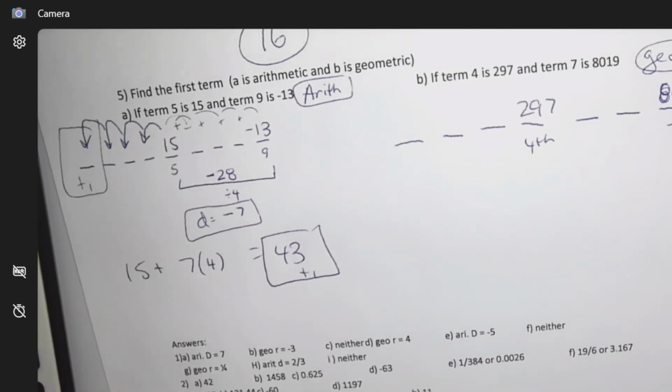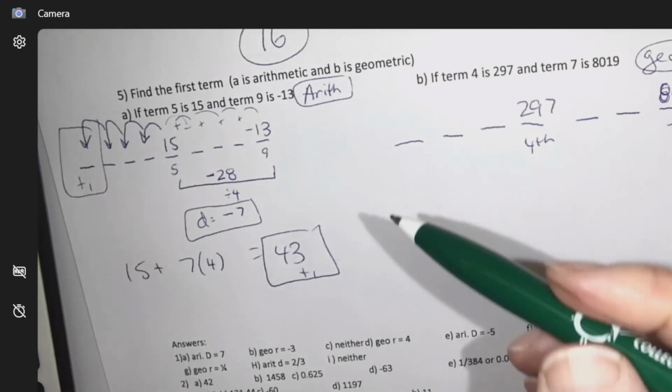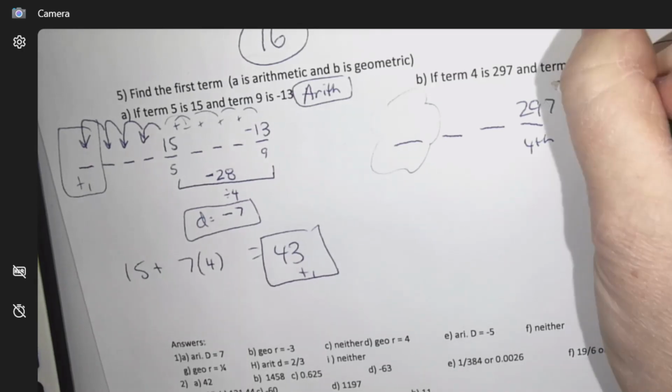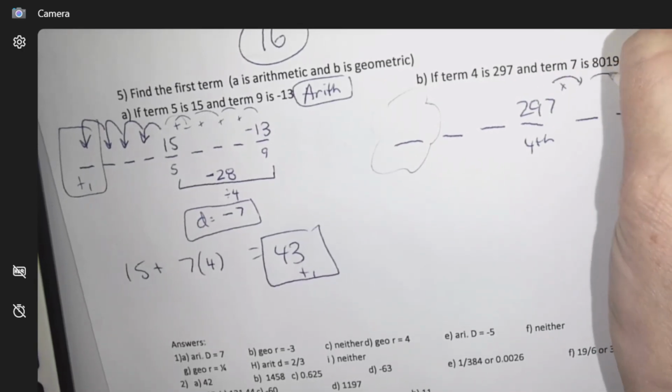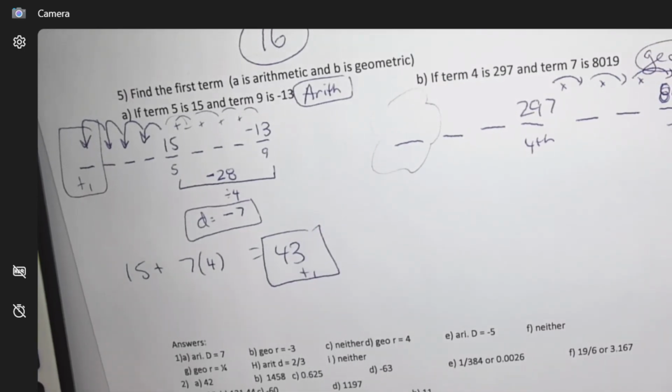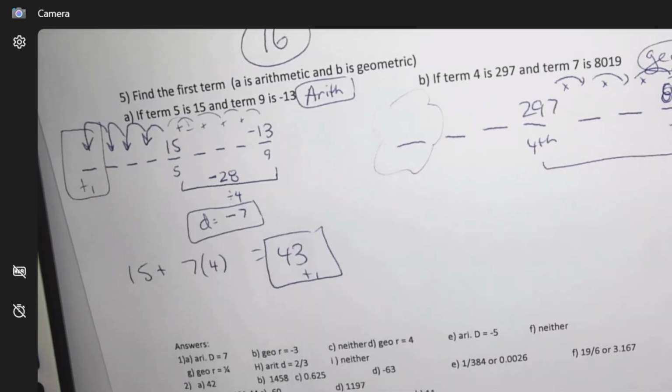The 4th term is that, the 7th term is that, and we're trying to, again, figure out what's the first term. Okay, so what am I doing here? I'm going to times by something, times by something, times by something. Can you get me the whole distance? What's the timesor of the whole distance?